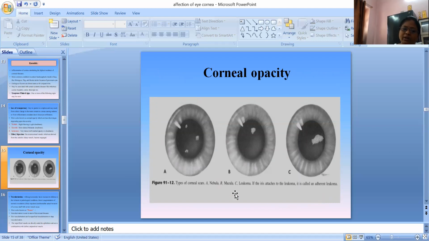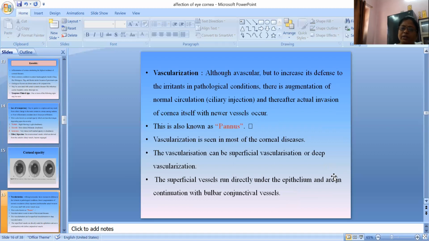So these are the corneal opacities, nebula, macula, right? This one is macula and this one is leucoma. Vascularization: although avascular, there is increased vascularization in the cornea due to defense against the irritant and pathological condition, right?